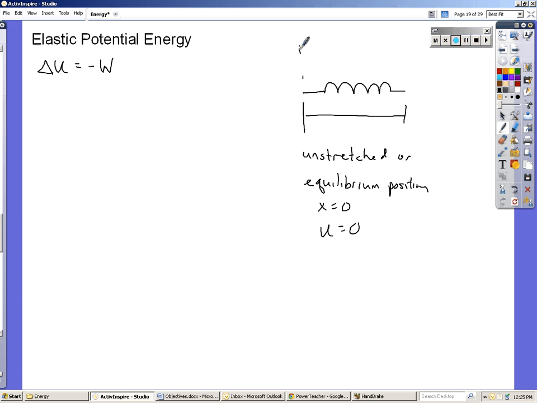Now what we're going to do is stretch the spring a distance x. We know that the force exerted by the spring is negative kx, and we want to find how much work we do in moving it out to there.